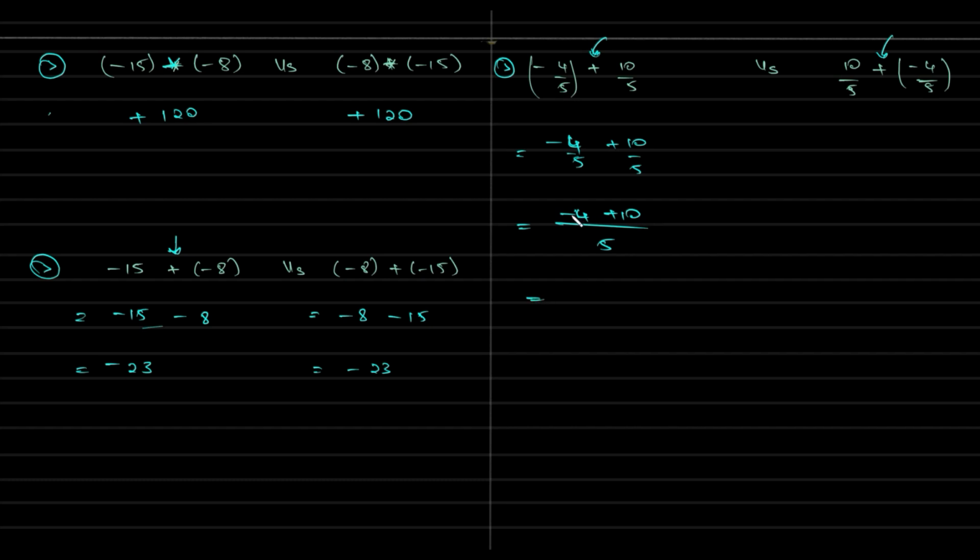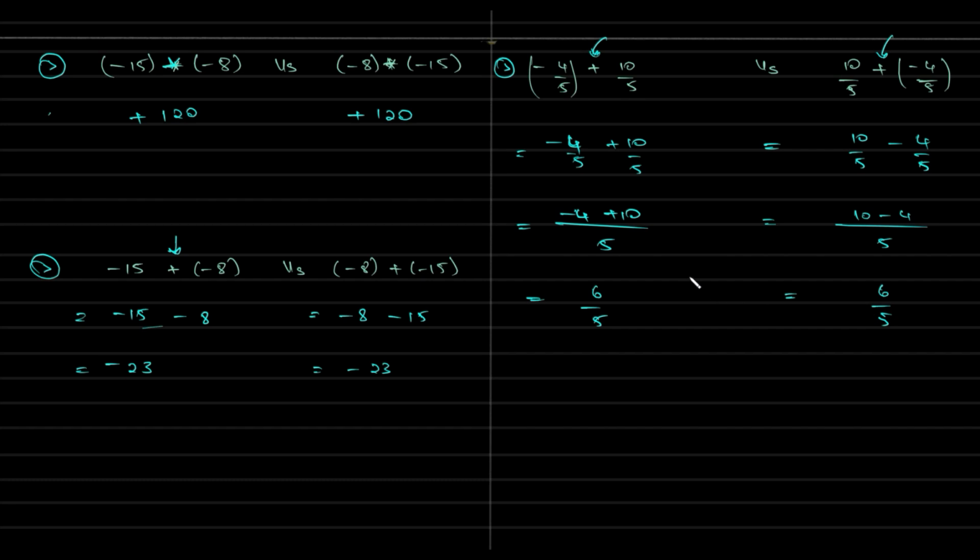So we have to take the difference. So this is 6 by 5. So here we have 10 by 5 plus negative 4 by 5. LCM is 5. 10 minus 4. Here too it is 6 by 5. So you can clearly see addition and multiplication clearly holds good when the numbers are shifted around.